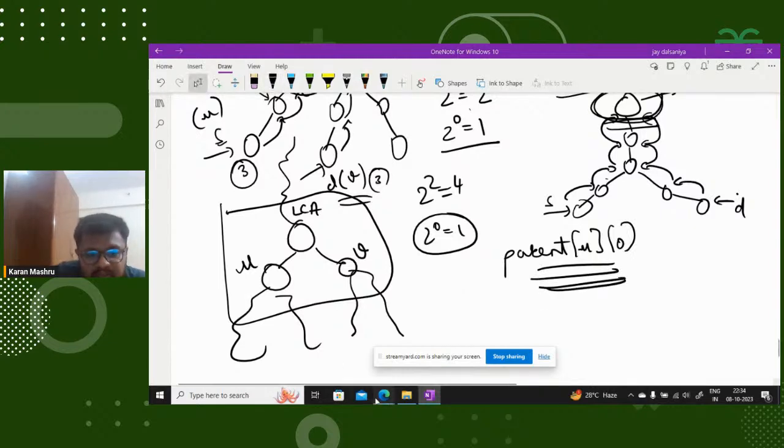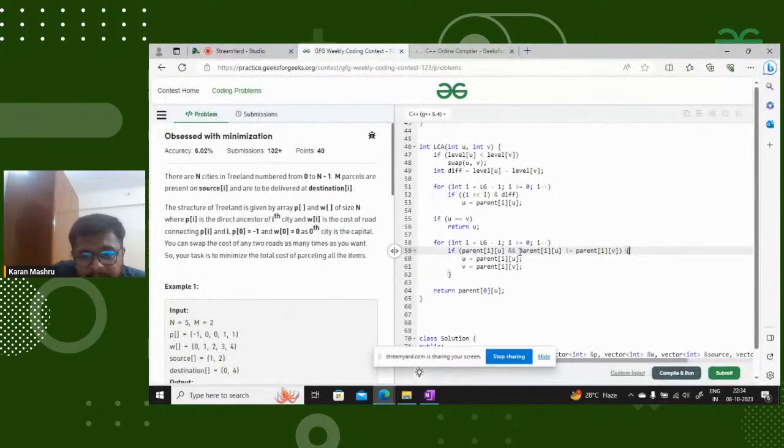So if the parent of u at a distance 2^i is not equal to the parent of v at a distance 2^i, then only take the jump. So u will become the parent of u at a distance 2^i, and v will become the parent of v at a distance 2^i. After I come out of the for loop, I will return the immediate parent of node u, which will be my LCA.